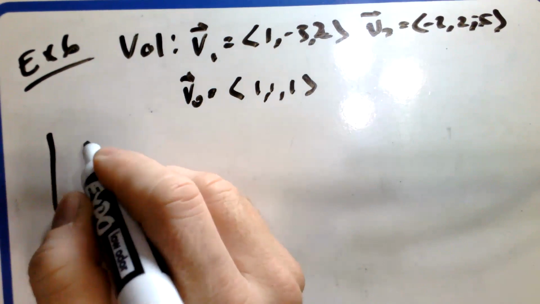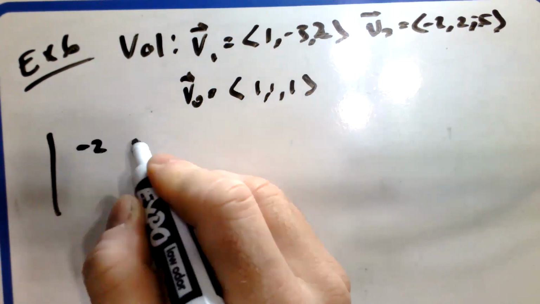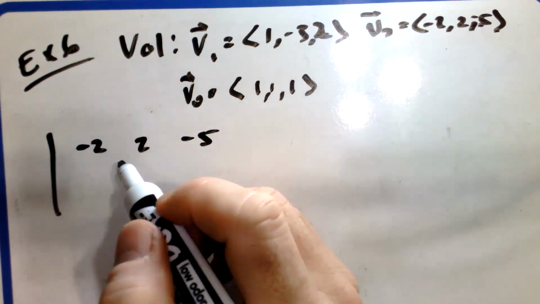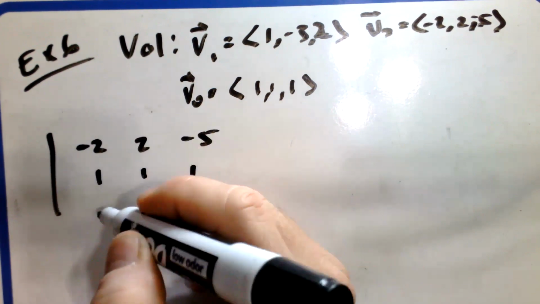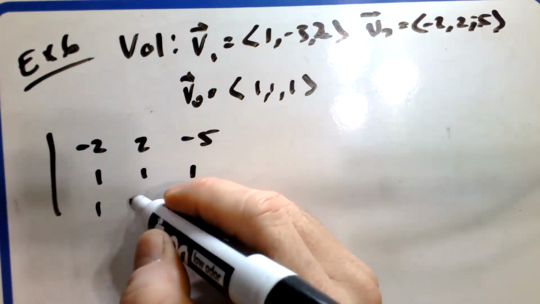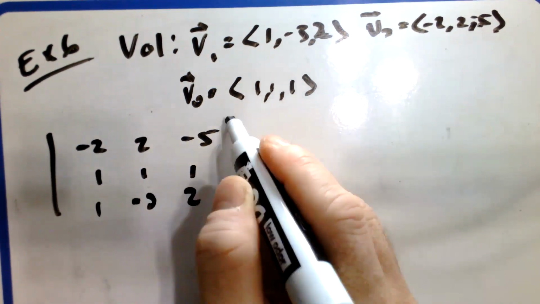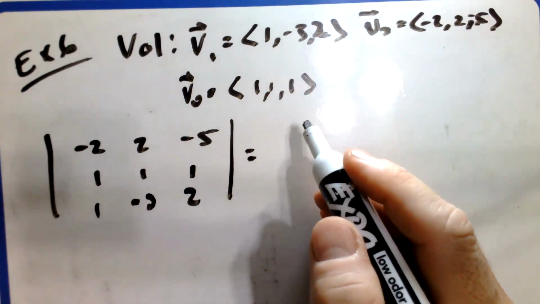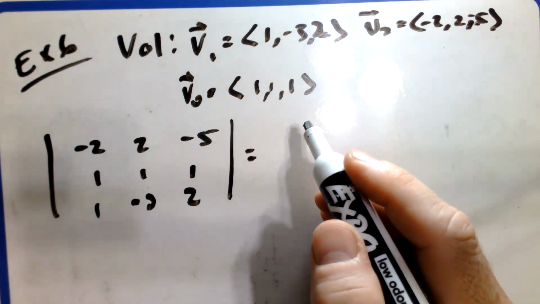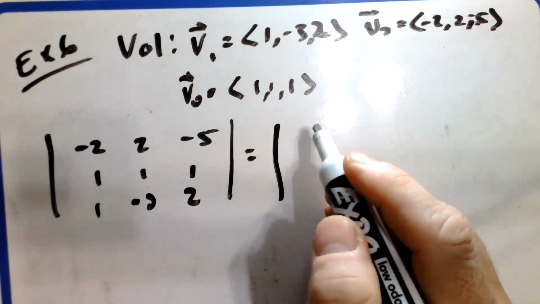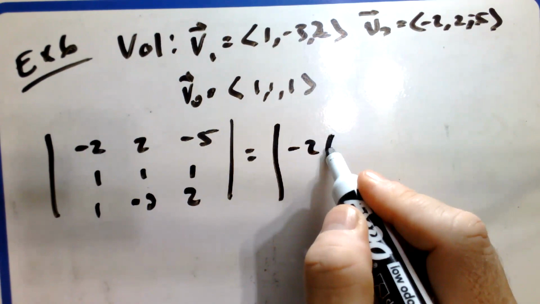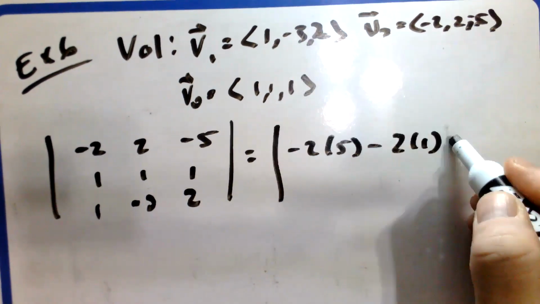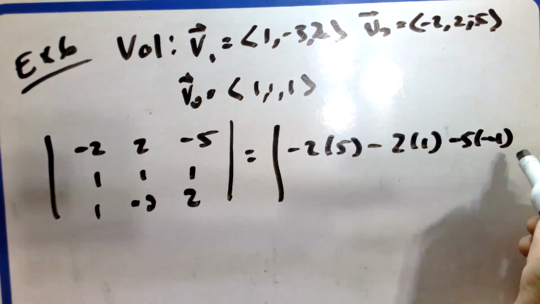So we have -2, 2, -5. We have 1, 1, 1. And we have 1, -3, 2. Okay, if we compute this, we get -2 times (5) minus 2 times (1) minus 5 times (-4).